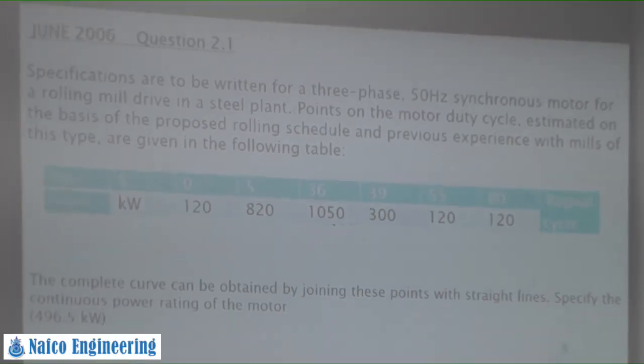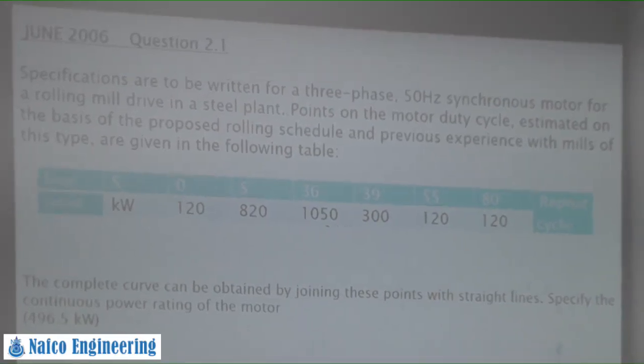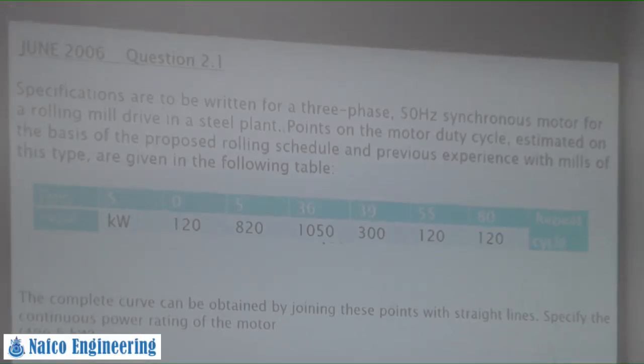So you have that table there. Now the complete curve can be obtained by joining these points with straight lines. The question is to specify the continuous power rating of the motor.